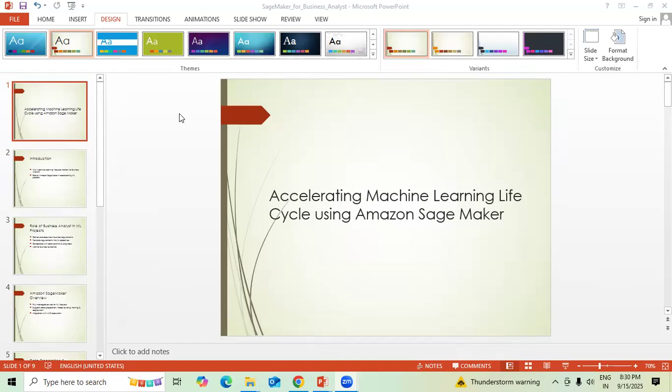Right. So, as far as our machine learning is concerned, especially in context to Amazon SageMaker, from a BA perspective, especially from an analyst point of view, right?